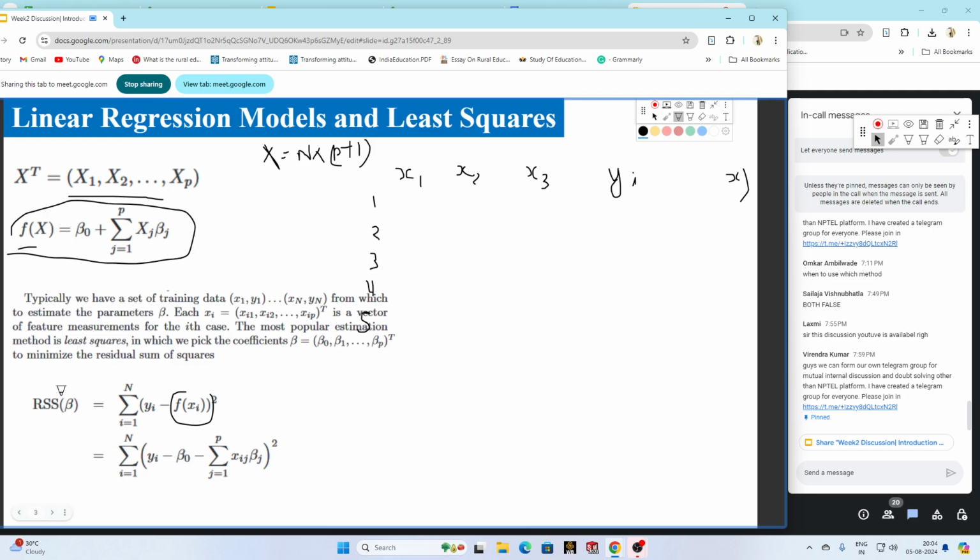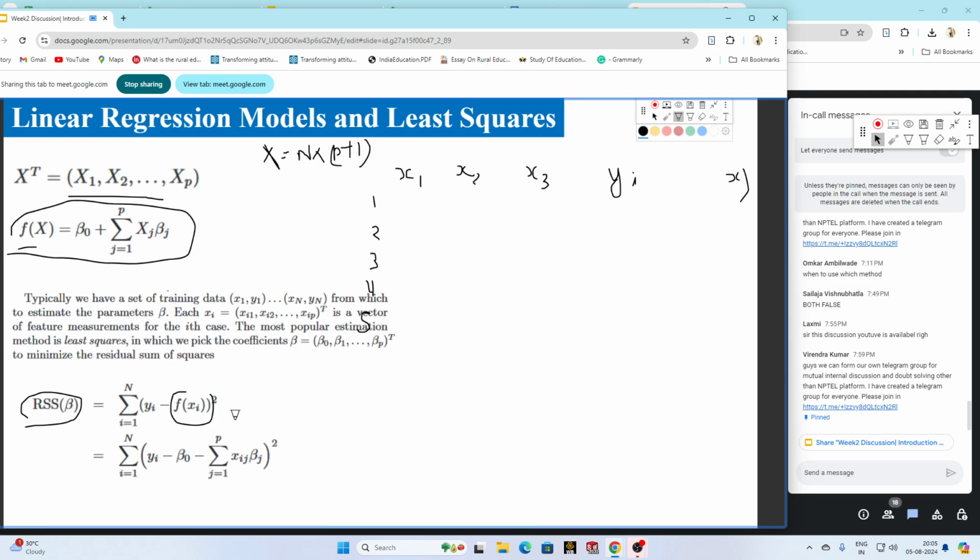Now this is our square error. One doubt can be: why are we interested in square error, why not only error? Error is actual minus predicted. We can write our error as yi minus f(xi) and sum it for all the data points. But why are we squaring the error?